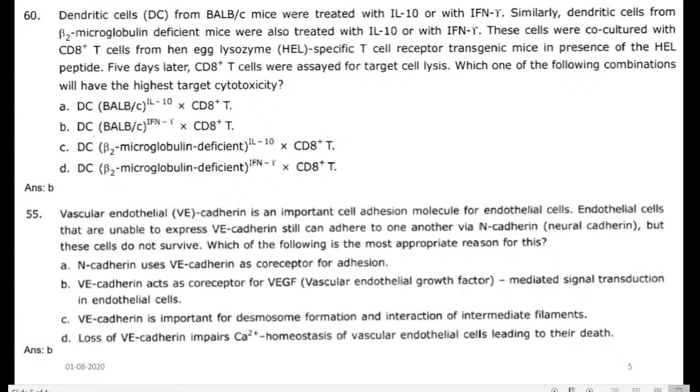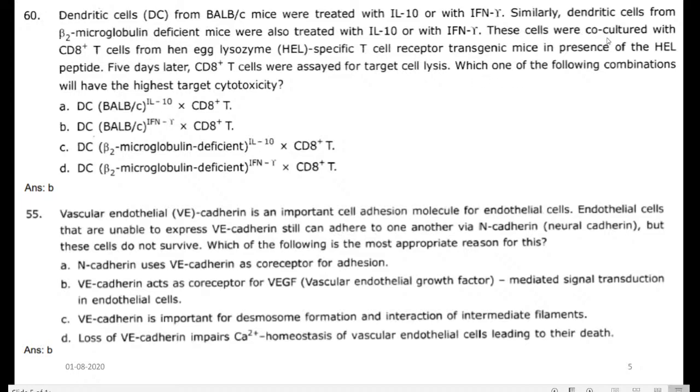So here they have taken two types of mice: one is BALB/c mice, another is beta 2 microglobulin deficient mice. These two types of mice are treated with interleukin 10 or with interferon gamma. After this treatment, they take the dendritic cells from both mice.